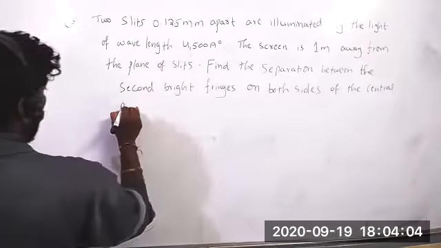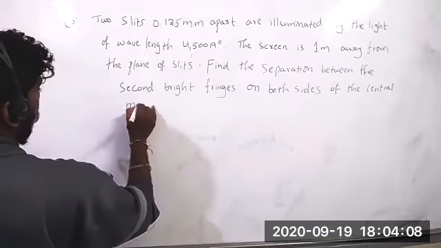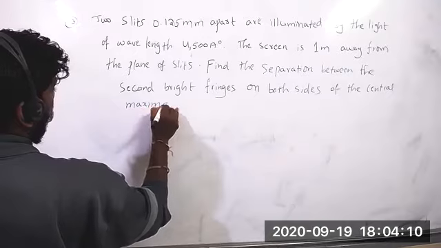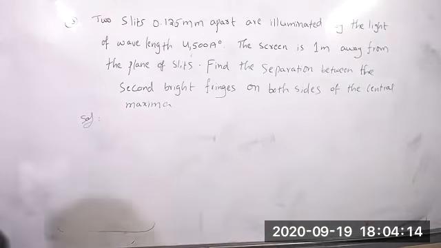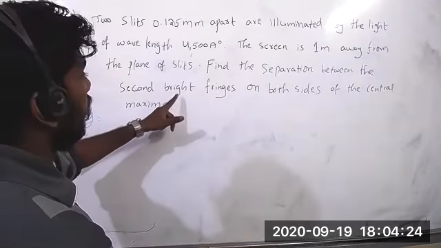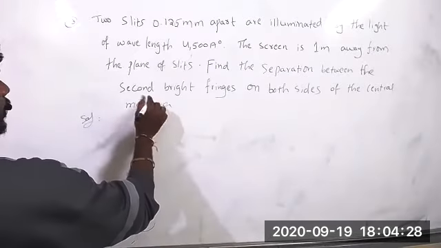See, once more, one more method. Now see, sir, what they're asking. Sir, what is that central? Below the second bright fringe and central maxima. Okay, sir, central maxima.